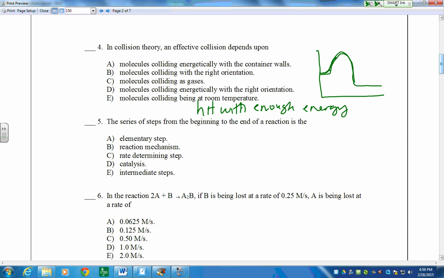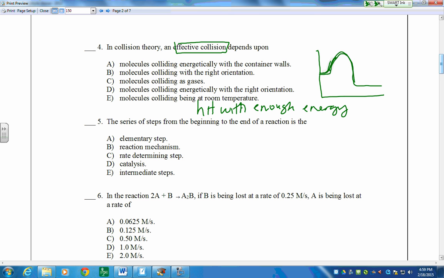So in collision theory, an effective collision has two parts. The two reactants have to be lined up appropriately, because remember, the reactant bonds break and the product bonds form. And not only do they have to hit in the right orientation, but they have to hit with enough energy to overcome the activation energy.